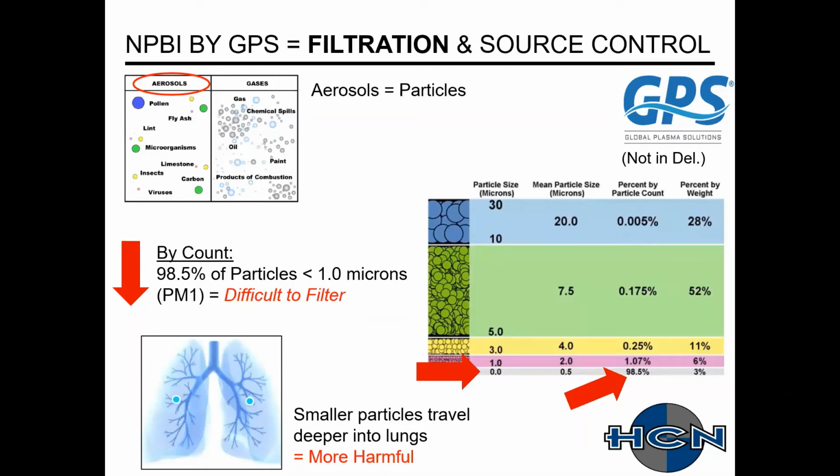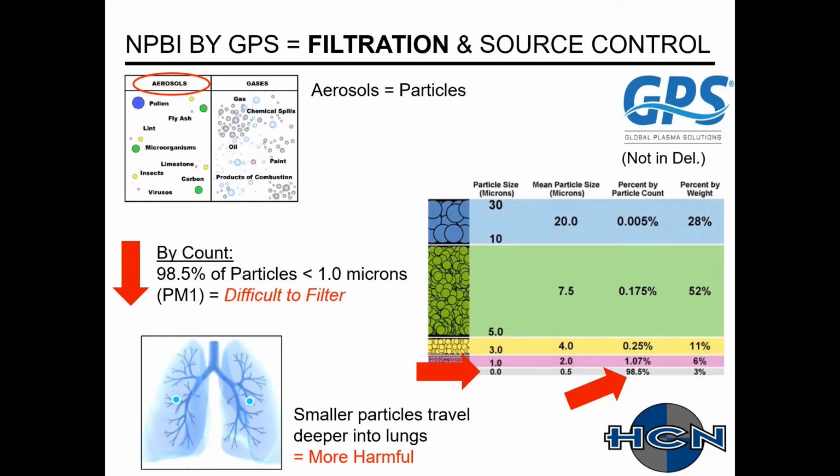Now, how does needlepoint bipolar ionization by Global Plasma Solutions, or GPS, improve filtration? All right. So back to our 2 boxes with aerosols and gases. Aerosols are basically particles. The chart in the center on the right gives the size in microns, and I've highlighted the percent of particle count.